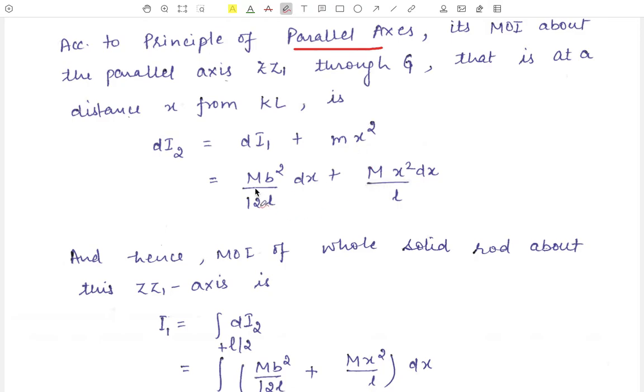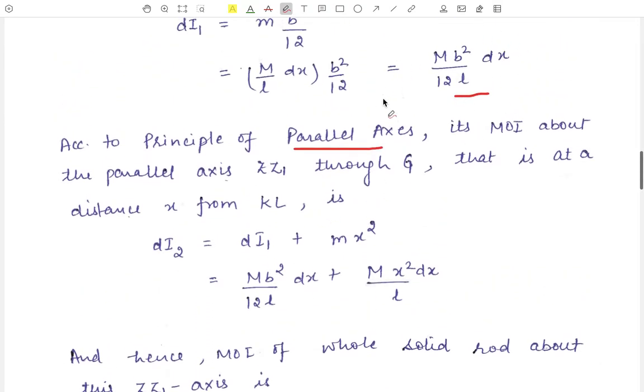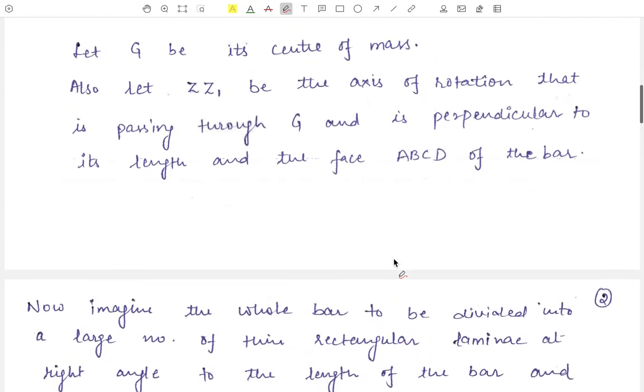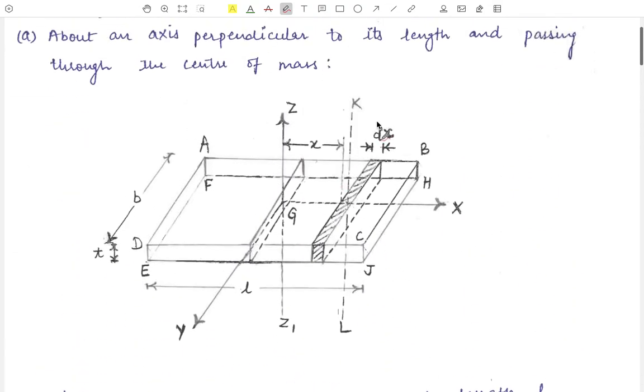So it is equal to Mb square upon 12L into dx, plus small m, that is equal to M dx upon L, into x square. Now we have the moment of inertia of this thin lamina about the Z1 axis.